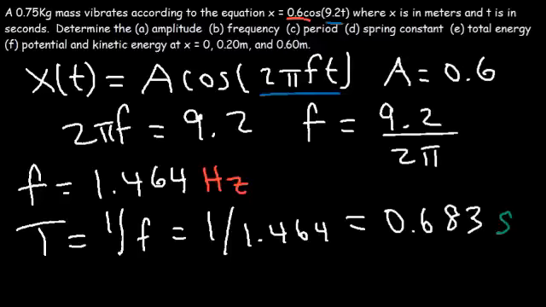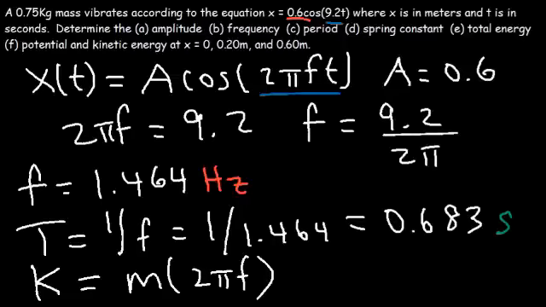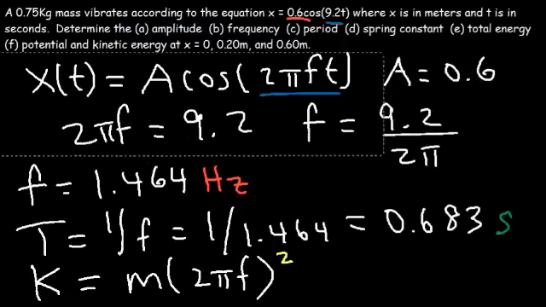Now, how can we find the spring constant? What equation would you use to find it? You can use this equation. The spring constant is the mass times 2 pi f squared. We've established this equation earlier in the video.